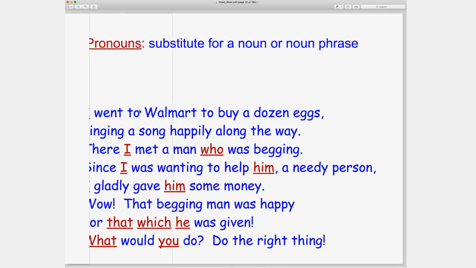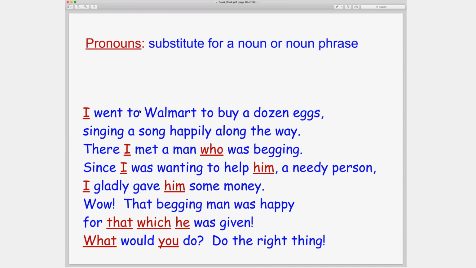Okay. Pronouns substitute for a noun or a noun phrase. So, I went to Walmart. Who went to Walmart? Garth went to Walmart. You know who I am because I'm the one writing it. There Garth met a man.